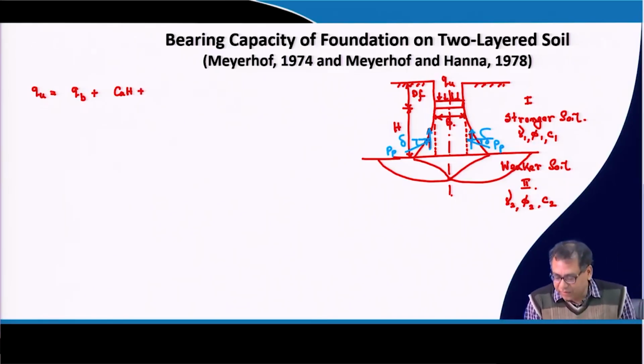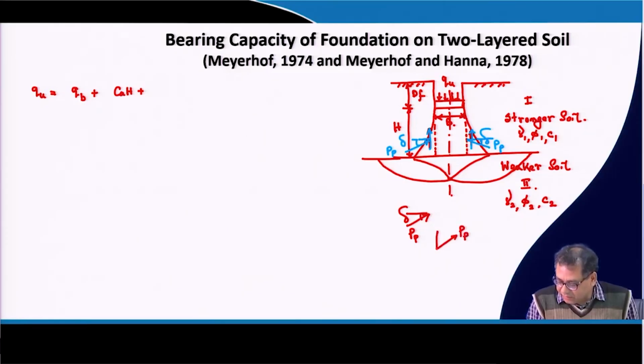So, it has two components. Now, this is your delta angle, your Pp is acting. If this is the Pp which is acting, there will be one vertical component and one horizontal component. So, this angle is delta, which means this angle is also delta. So, this is your Pp cos delta and this is your Pp sin delta.